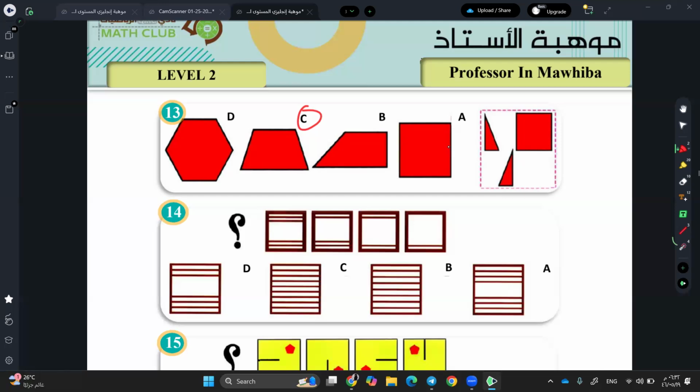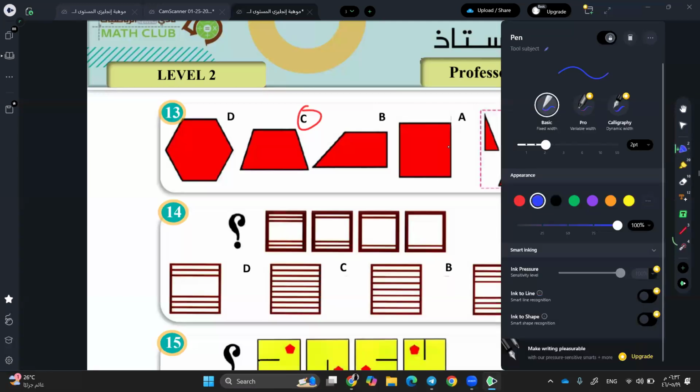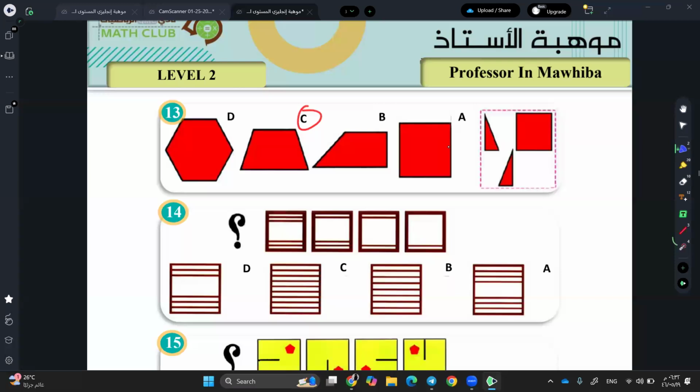We change the color here. It's going to be C because you have a square and two triangles. Excellent, Hussein.